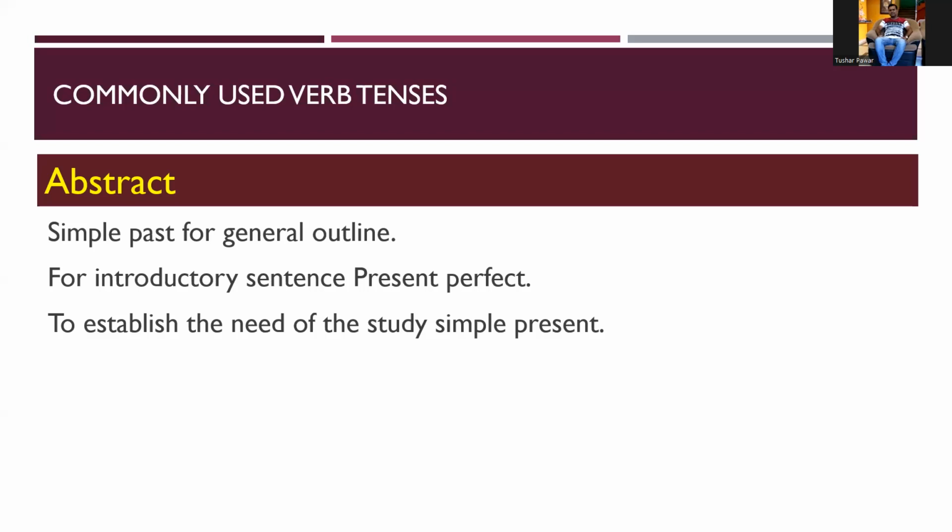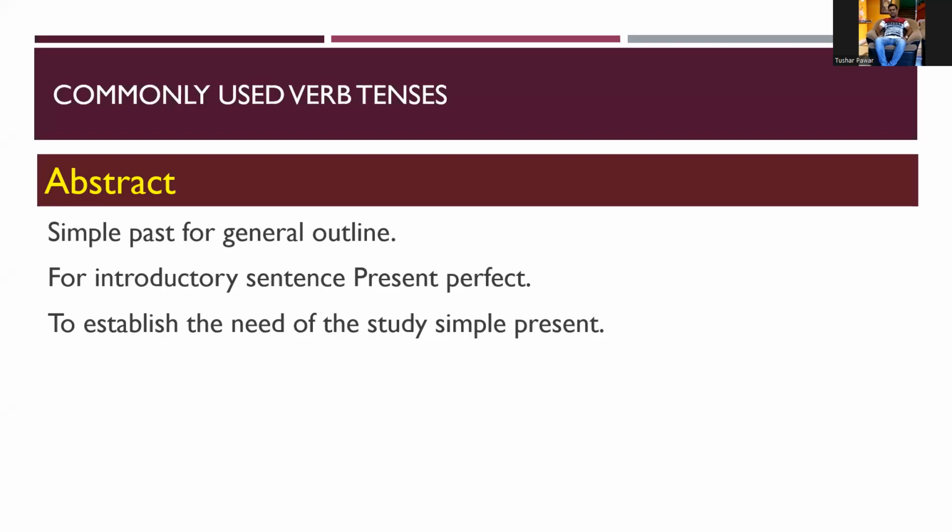To write your abstract, which tense will you use? The abstract is written in simple past tense. To write the general outline, you will use the simple past tense. For introductory sentences in your abstract, you will use present perfect. Simple present we use for things which are in existence in general.